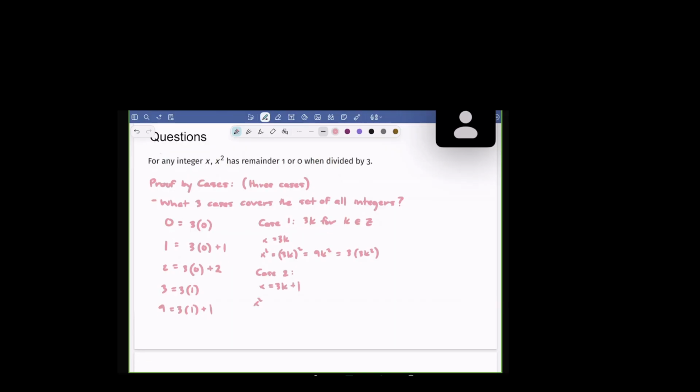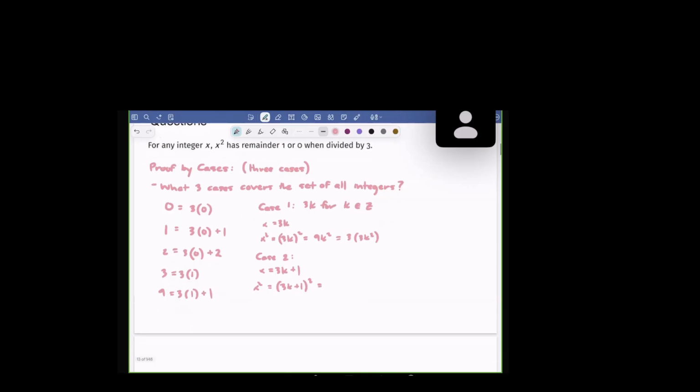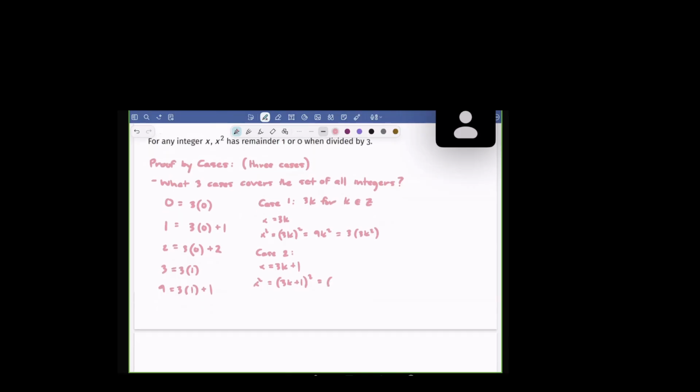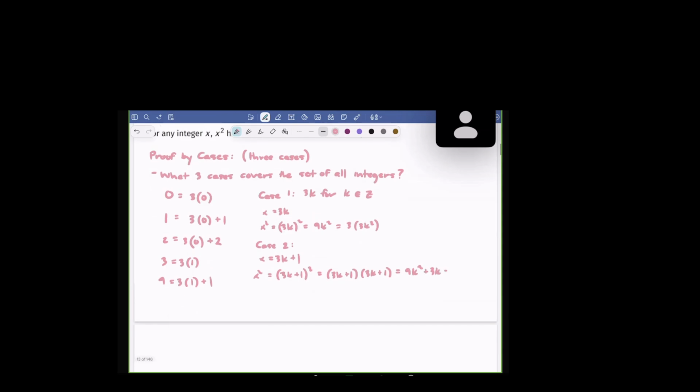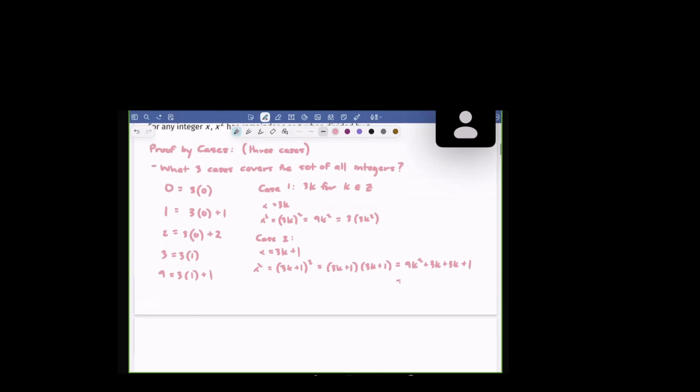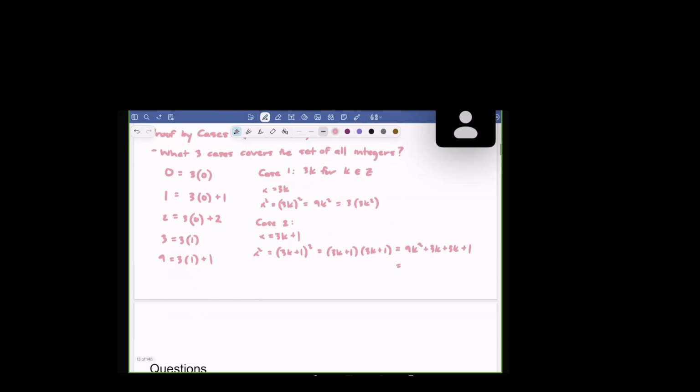And x squared here will be 3k plus 1 squared, which equals... Let me factor this out.